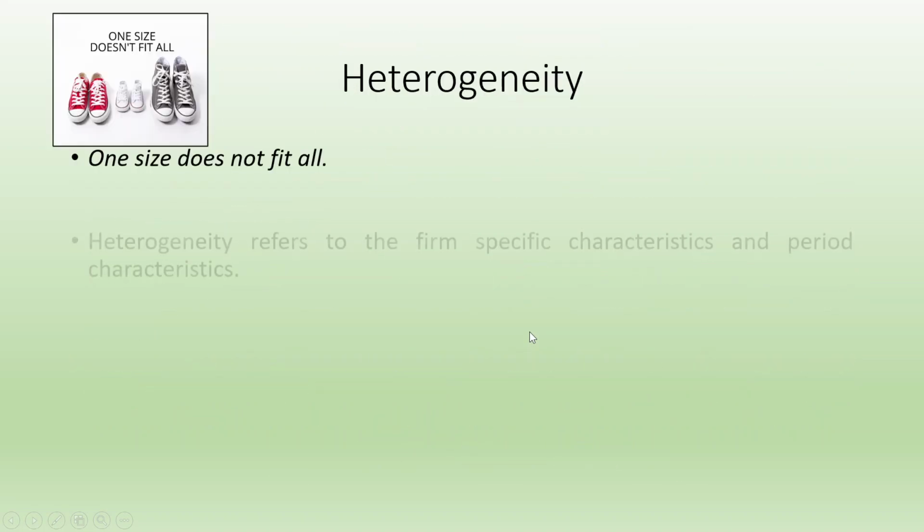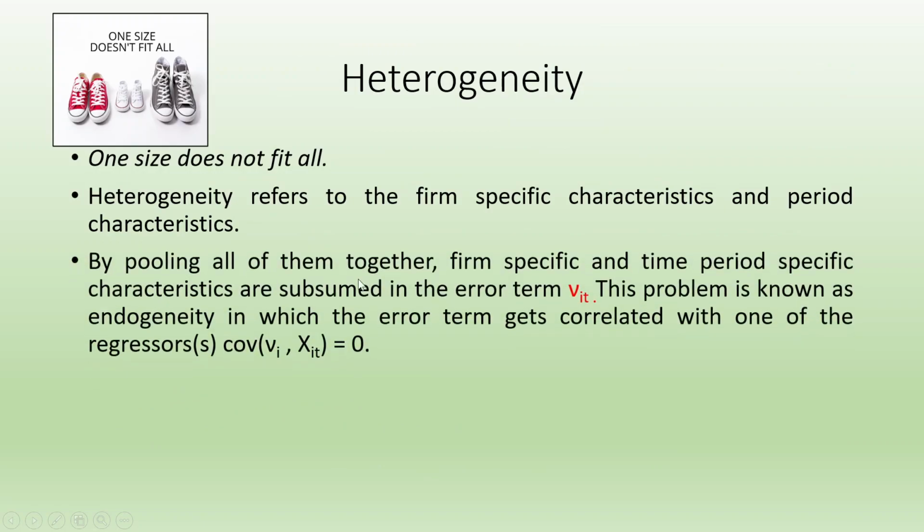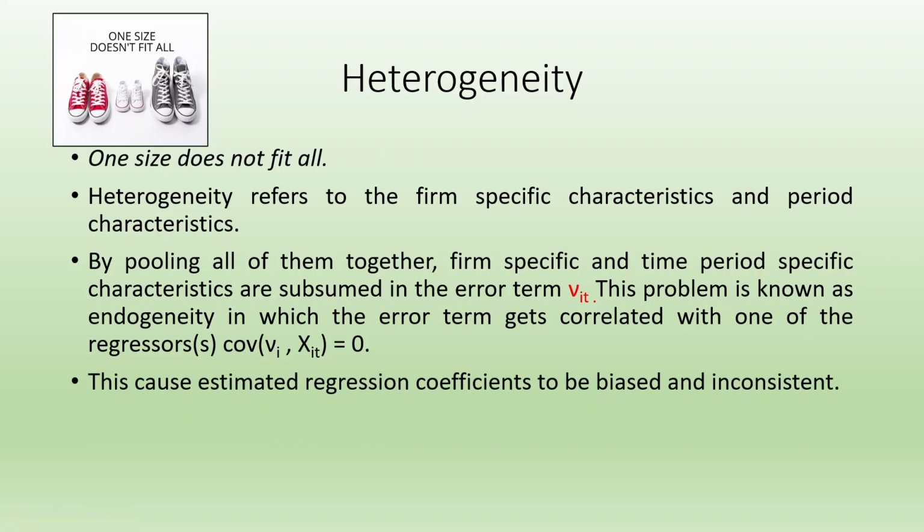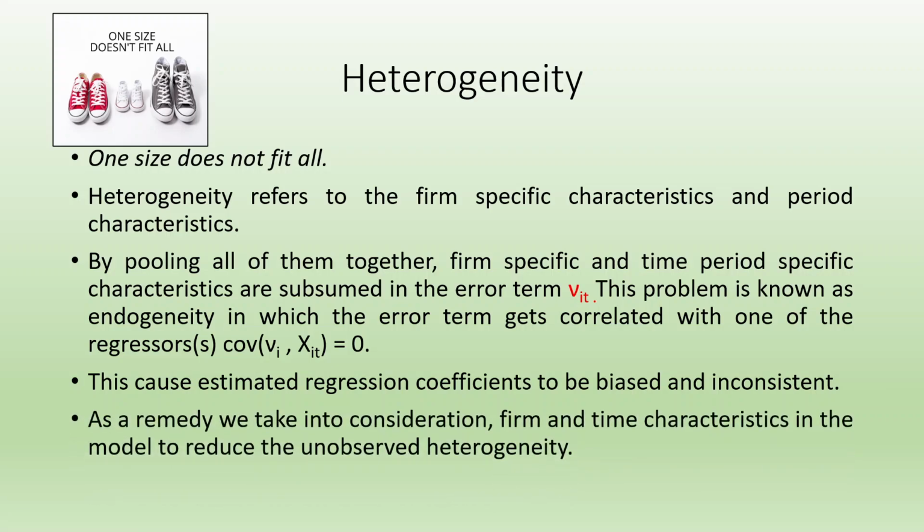By pooling all of them together, the firm-specific and time-period-specific characteristics, the error term gets correlated with one of the regressors. This causes estimated regression coefficients to be biased and inconsistent. As a remedy, we take into consideration firm and time characteristics in the model to reduce the unobserved heterogeneity.